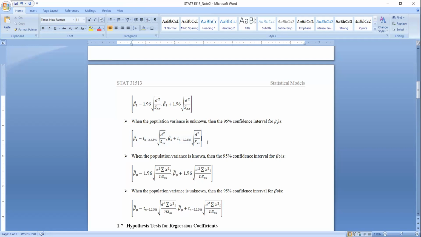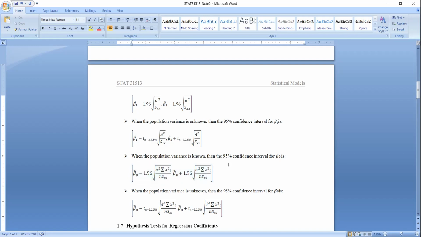Right, the same procedure can be used to construct a 95% confidence interval for beta naught, when the population variance is known and when it is unknown. When the population variance is known, we can use the table value 1.96 times the standard deviation, minus and plus the estimator, right?